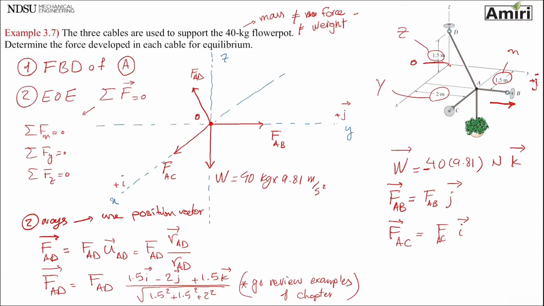I think I have everything now. All of my forces are transferred into Cartesian notation. So let me quickly draw this here for you, because this is going back. So these are the components of it.